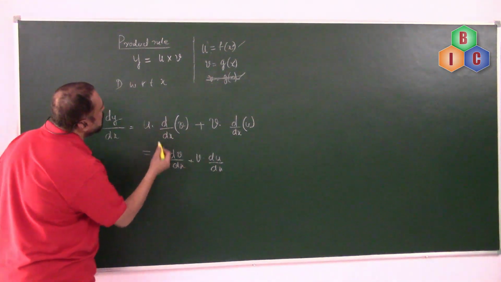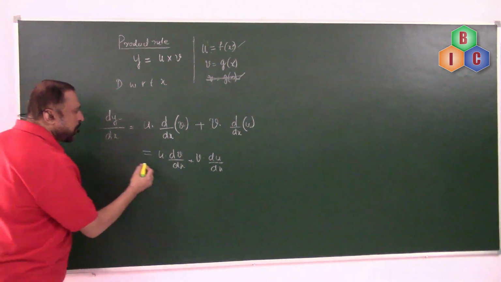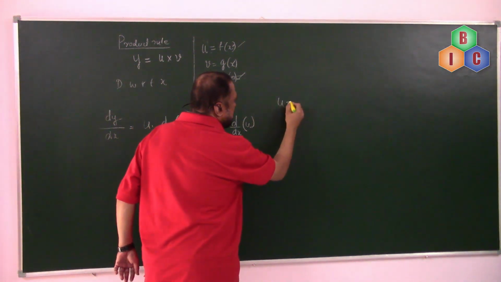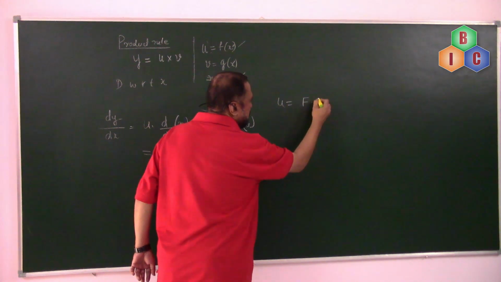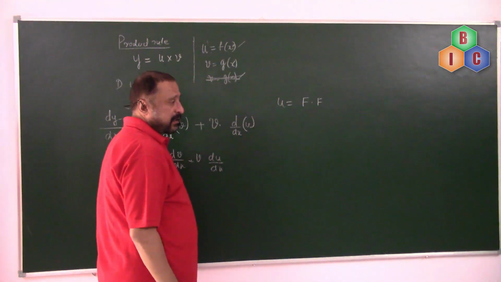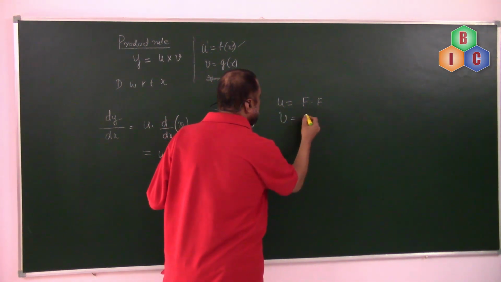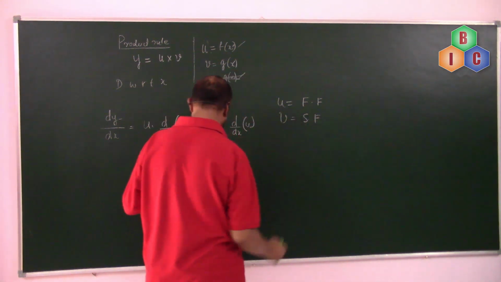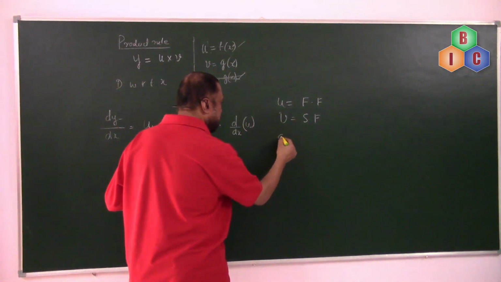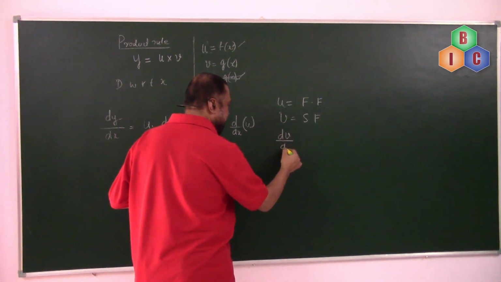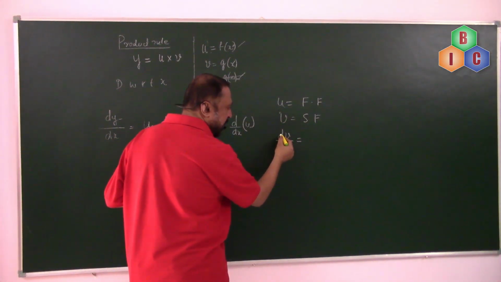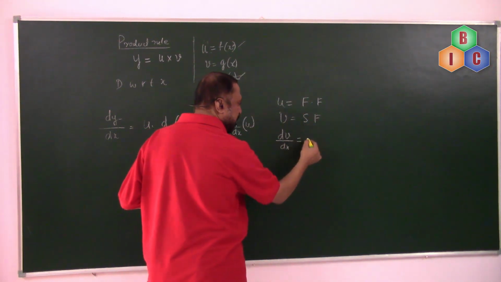Here what is u? I will call u the first function. In short form, I write it as f dot f, first function, and v as second function. And what is dv by dx? dv by dx is the differential coefficient of second function.